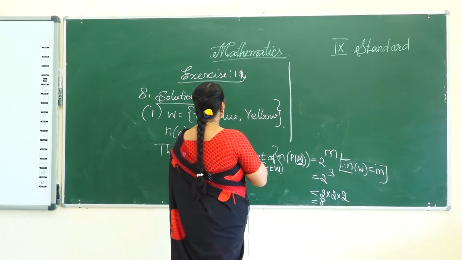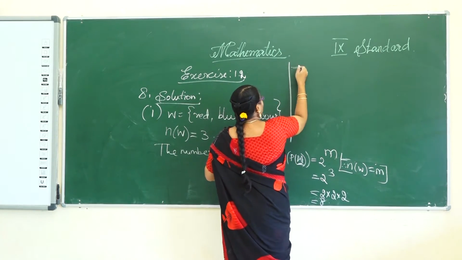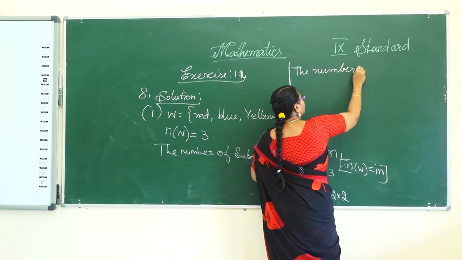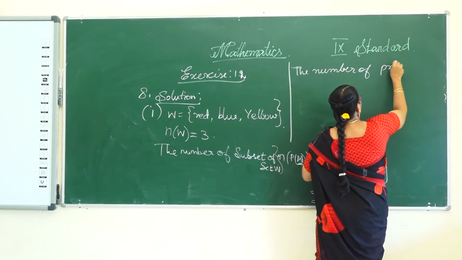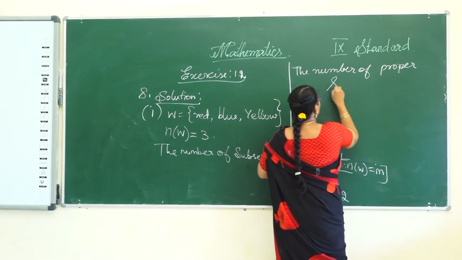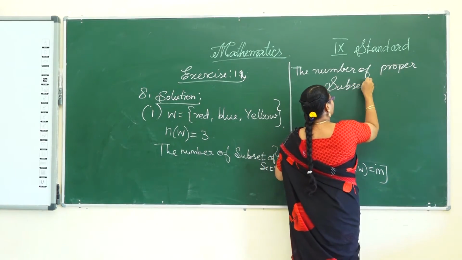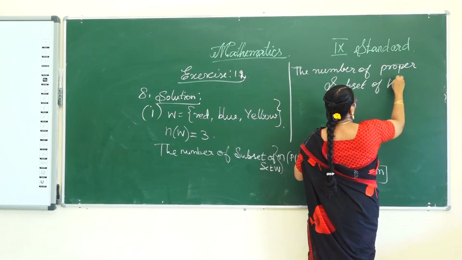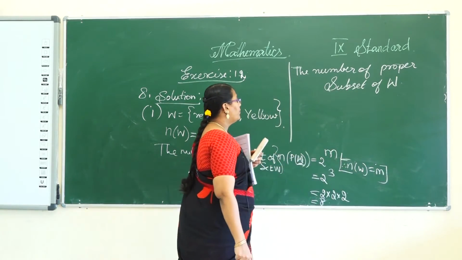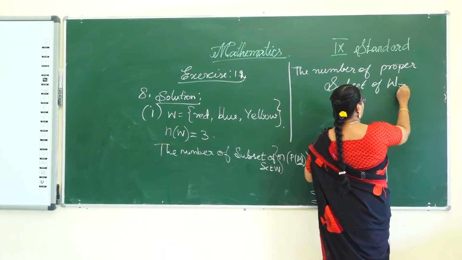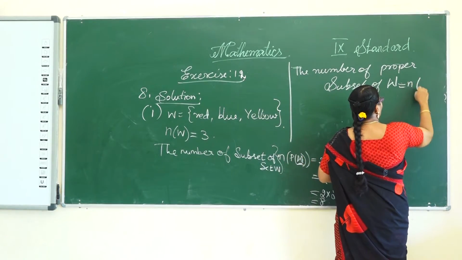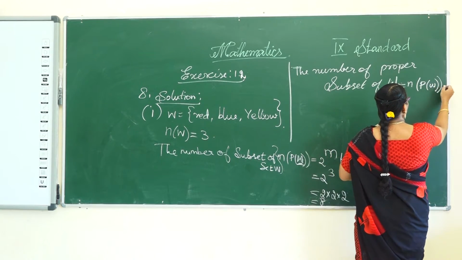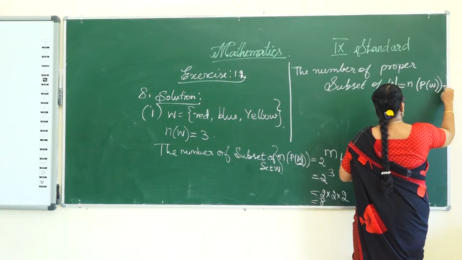And next, the number of proper subsets of W, that is n of P of W minus 1.